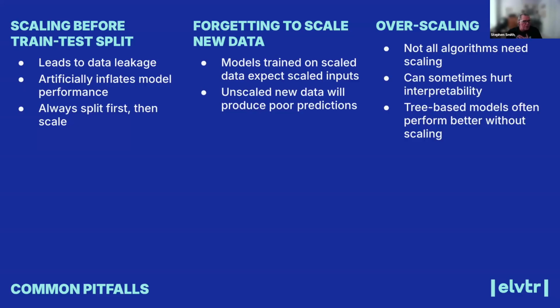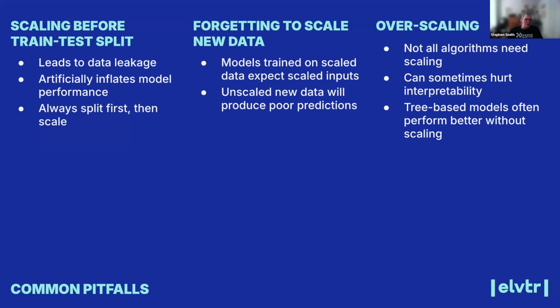So the third pitfall is overscaling, right? And this is a perfectionist trap. You scale everything because scaling's good, right? Yeah, let's scale. So you've got to remember what algorithm you're using. Tree-based models don't need scaling. Scaling doesn't hurt them. The issue is complexity. You're adding steps to your pipeline. So if you don't need to scale based on your algorithm, don't.